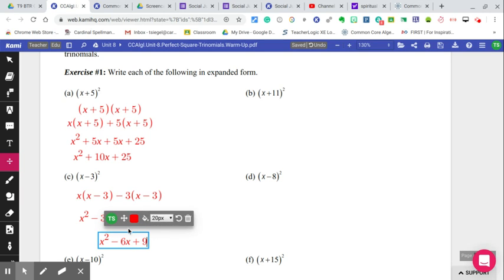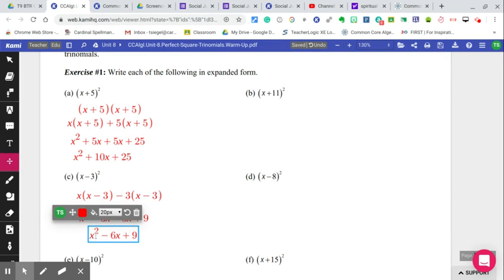So we have this pattern. If you take x, it's here, x squared. Then we have negative 3 times x, double it is negative 6x. And negative 3 squared is 9. So this last term is always going to be positive, right? 25, 9, both positive.